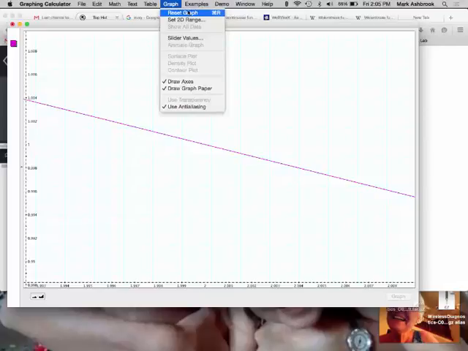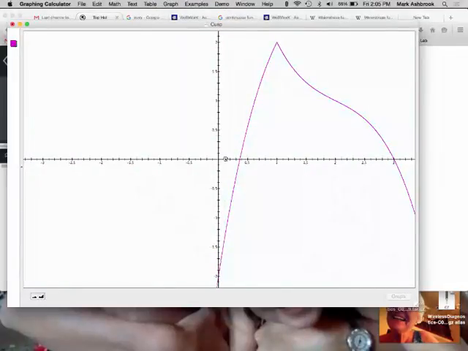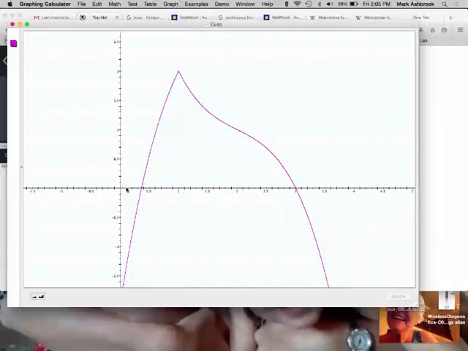Is there a rate of change at any moment in this graph? No, there's a... Yeah, I think this is x equals 1, y equals 2. What happens if we zoom in on that?